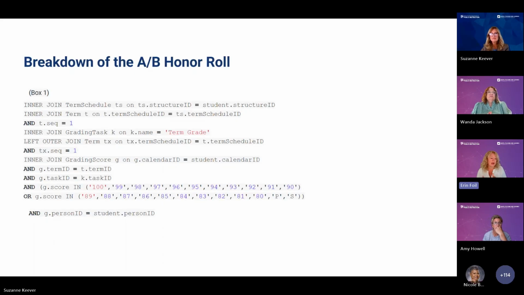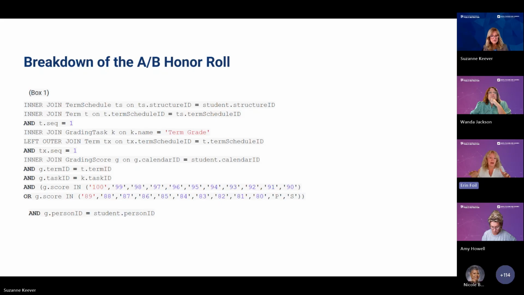And the last question we had, which I'm in the process of answering right now, is: do we need to do the A honor roll setup at each school or at the PSU level? If your schools have the same criteria for the A honor roll, in other words, the same names for their grading task and the same scores that give them an A honor roll place, then yes, you only have to do it once.